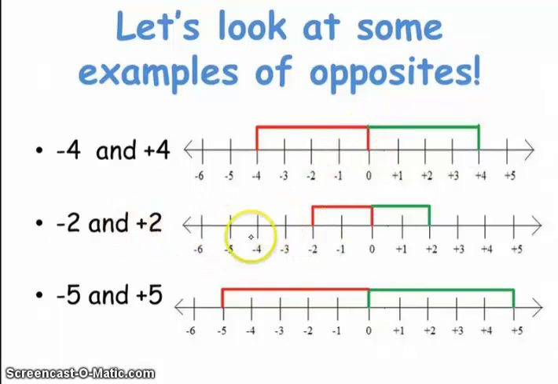And here we have negative 2 and positive 2 on the number line, and these two integers are opposites because they are the same number of units away from 0. For example, negative 2 is 1, 2 units away from 0, and positive 2 is 1, 2 units away from 0. And negative 5 and positive 5, once again, same distance away from 0.